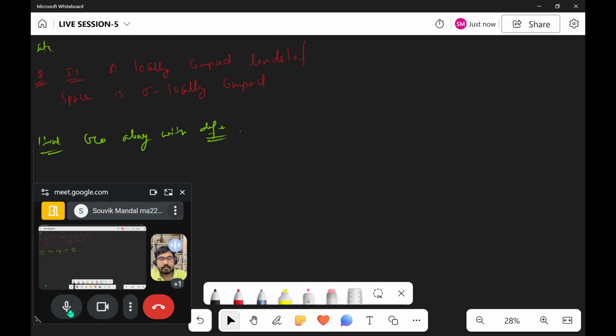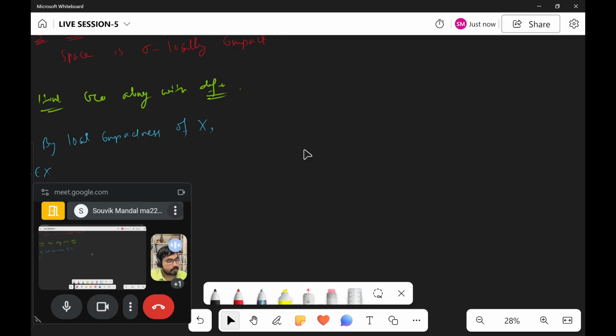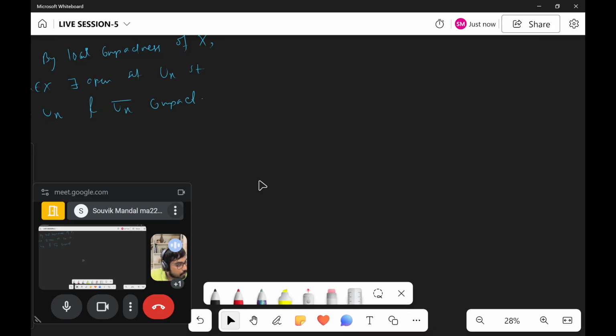Okay, so let me write down the solution. By local compactness of X, for all x belongs to X, by definition, there exists an open set Ux such that x belongs to Ux and Ux closure is compact.